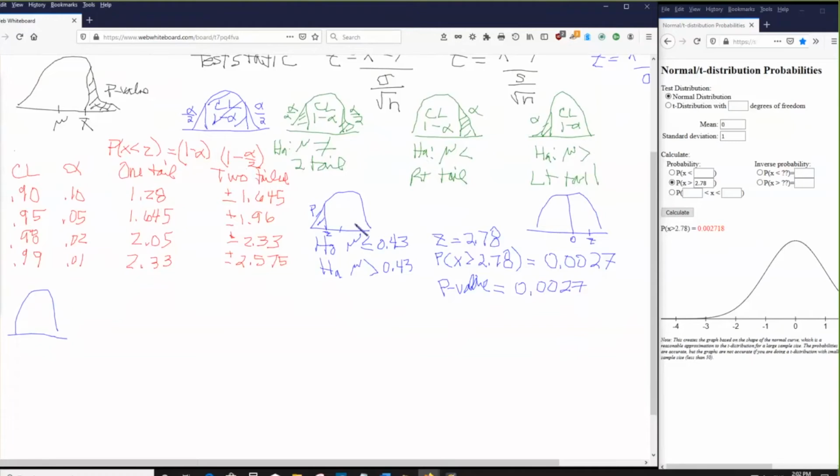So this should actually be over here. Did I switch them? I think I did switch them. So if it's going to be greater, it's going to be a right tail. Yep, I've got those switched.